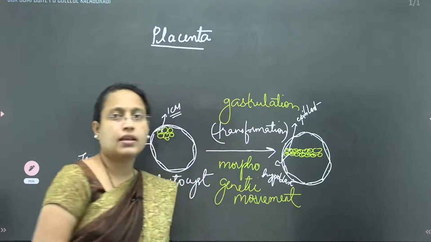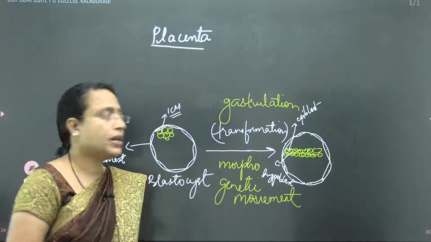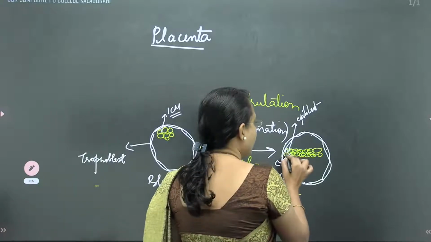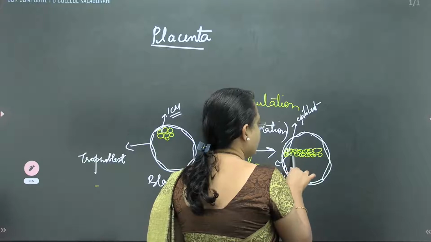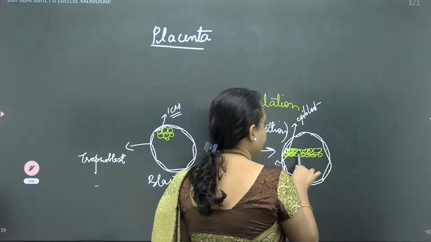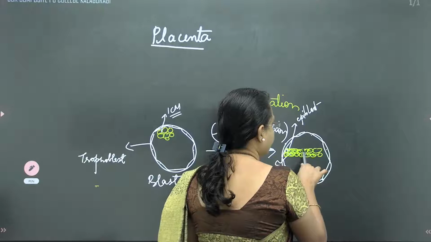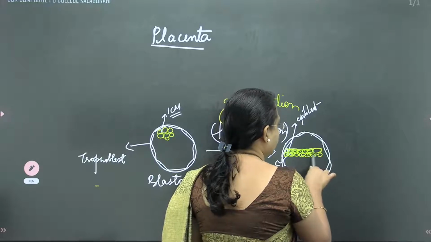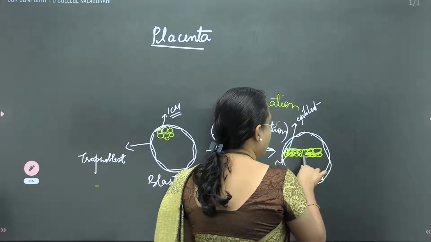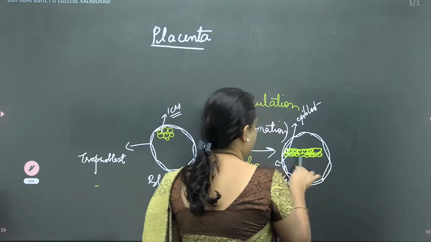Since two layers are there, it is called a bilaminar disc. Okay, the bilaminar disc is formed.